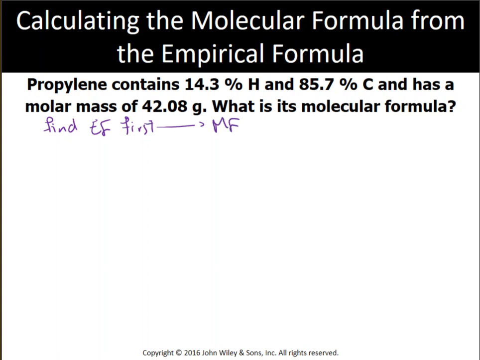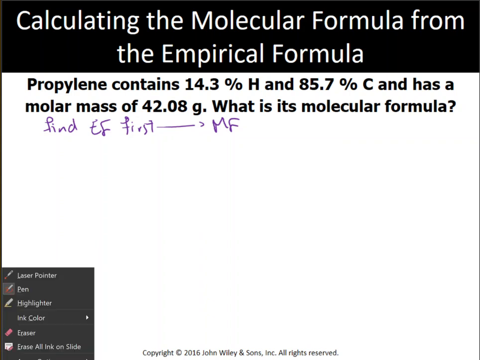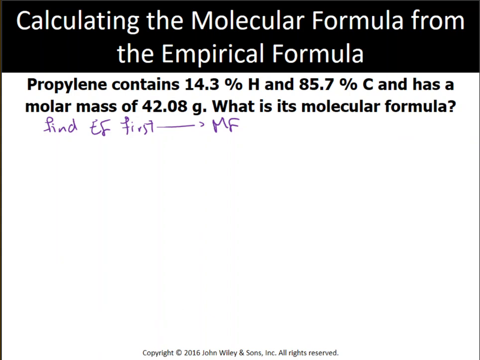So from percent compositions, you want to find the masses, moles, smallest number of moles, empirical formula. And once you find the empirical formula, you want to find the molecular formula. So let's start with the masses.